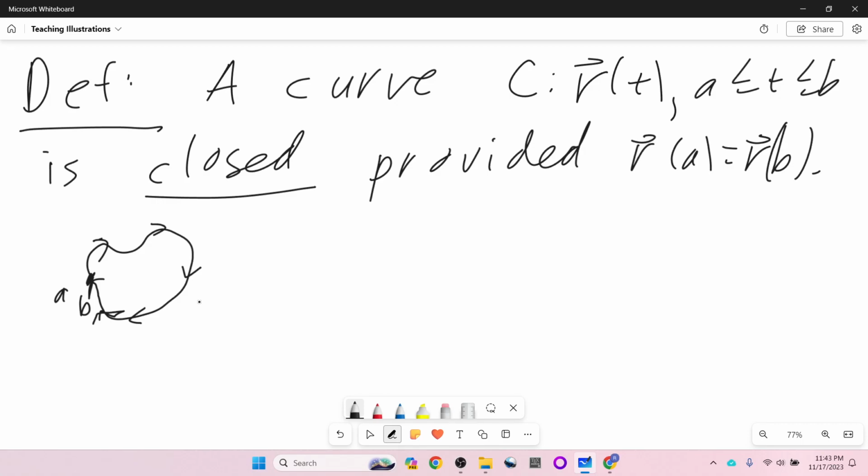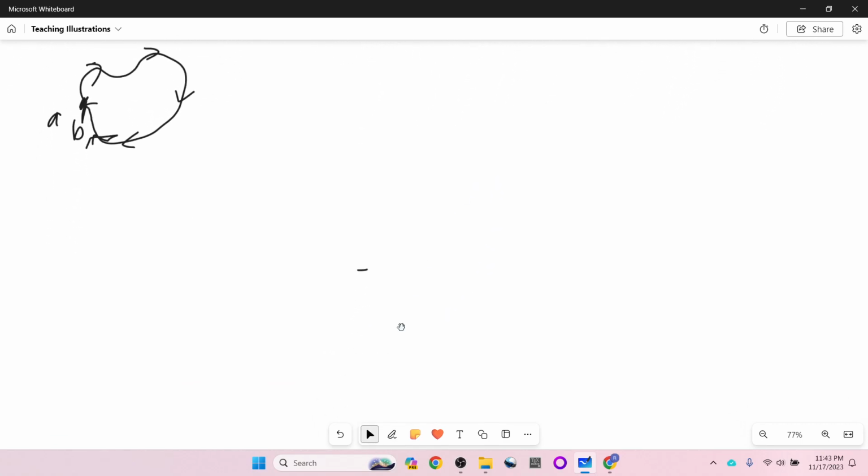All right, so now let's do one more theorem. This one I think will not be too hard to justify just by picture.